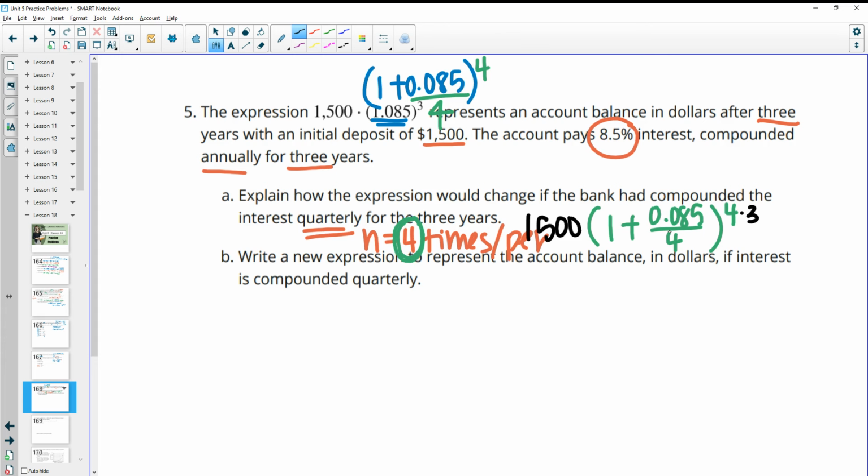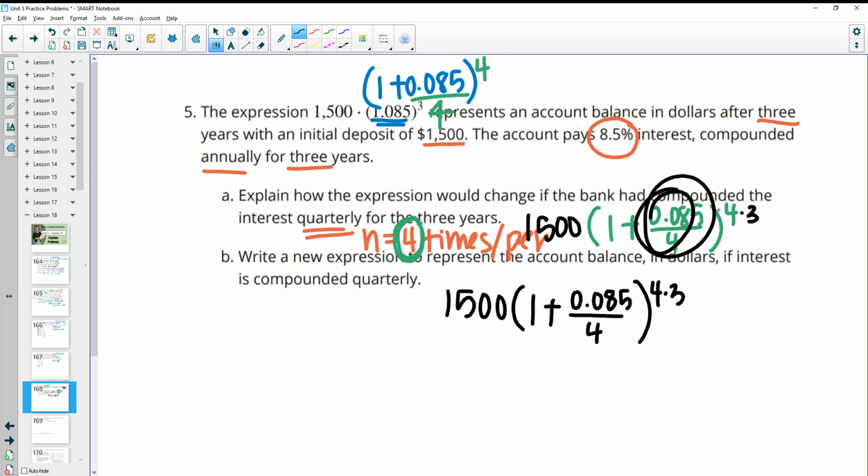And then we'd still have the times 3 up there. So write a new expression to represent the account balance if interest was compounded quarterly. And that's going to be this expression that I just wrote. So if you wanted to explain how it would change the interest compounding, right? And then that's the new expression.